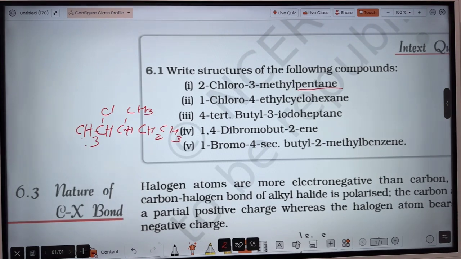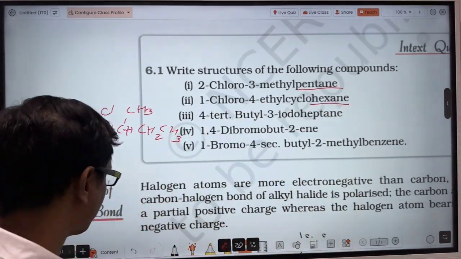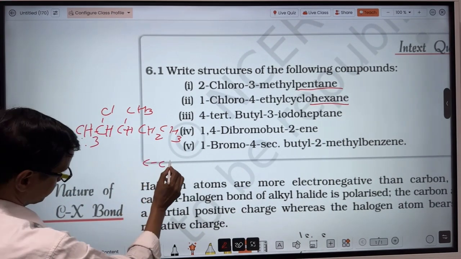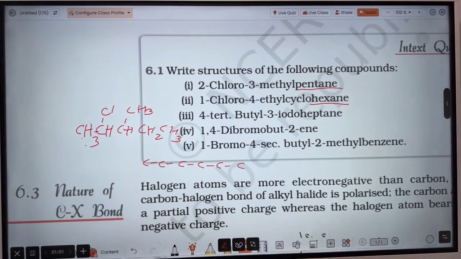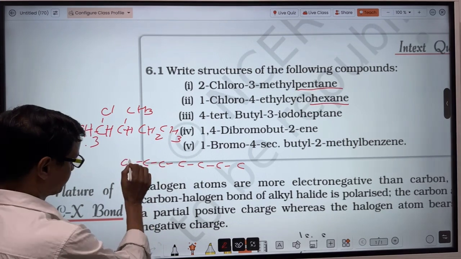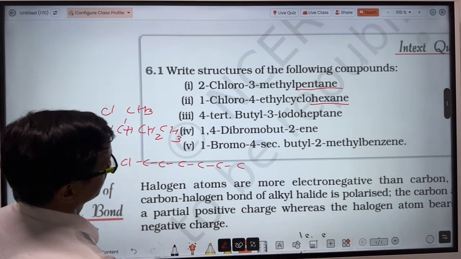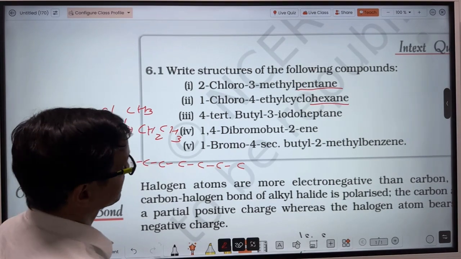Okay. Now listen here, hexane is the last, so the main chain will be of 6 carbons. Then 1 chloro and 4 ethyl. So at first position there will be chlorine, and at the 4th position there is ethyl.